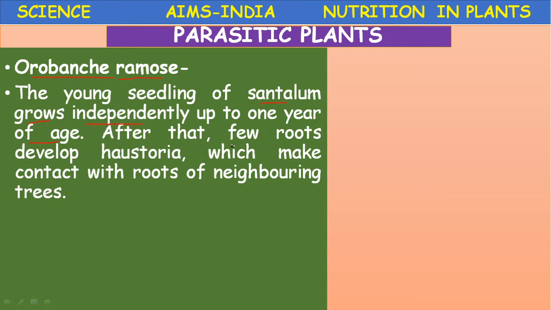After that, a few roots develop haustoria. Few root-like structures are developed. They are called haustoria, which make contact with the roots of neighboring trees. So Orobanche is a root parasite, which means the parasite depends on the roots of the host.